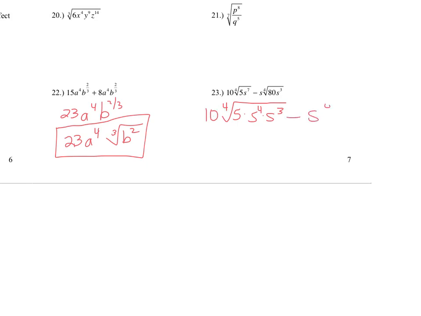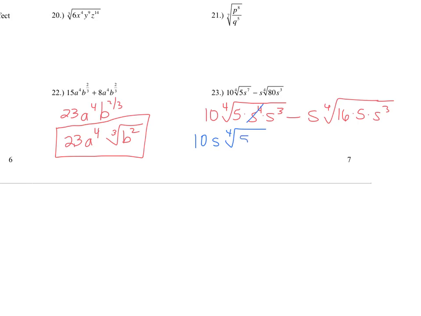Second one we have s times the fourth root. 80 I have to break down. I have to think about what fourth power is inside of 80. It's 16. 16 times 5 is 80. S cubed is not going to be able to simplify because 3 is smaller than 4. So now I start to break things down. The fourth root of s to the fourth is s, so it's going to come out with the 10.